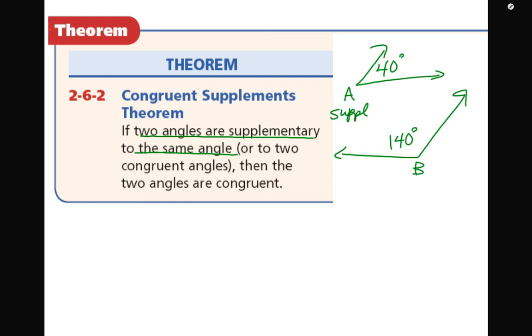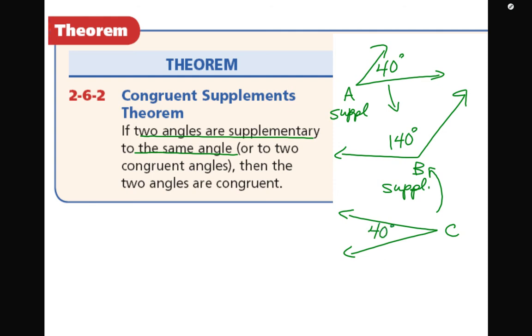140. Now let's say that we have another angle, C. But we want C to also be a supplement to B, because we wanted to create two angles that are supplementary to the same one. So if C is supplementary to B, C would have to be 40 degrees.